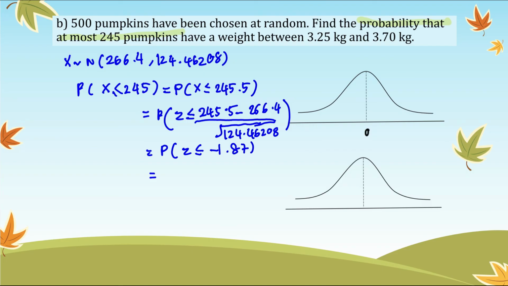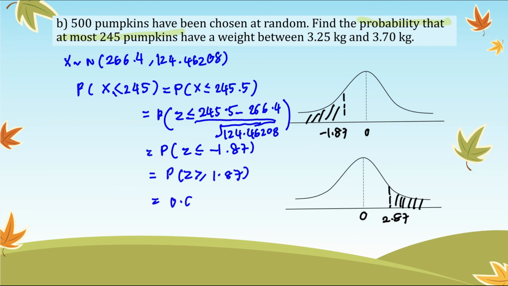Negative 1.87 is on the left side. So we can find the value by reflect it to the right side. So P(Z greater than equals to 1.87). Refer to table 3. We will get the answer of 0.0307.